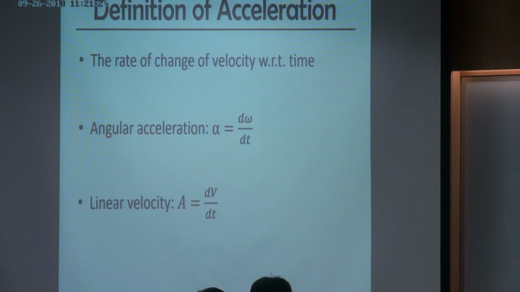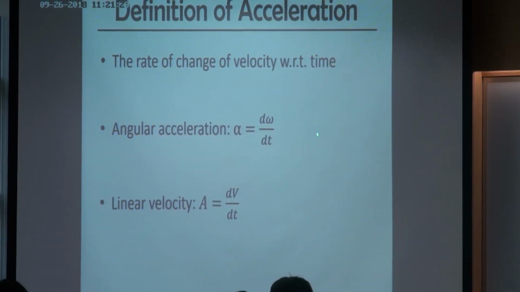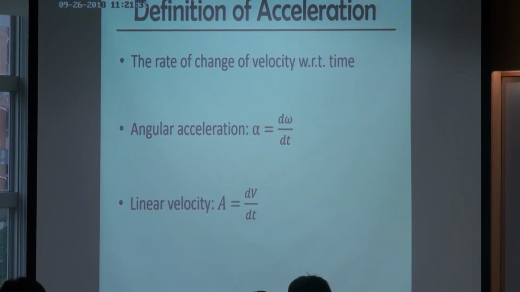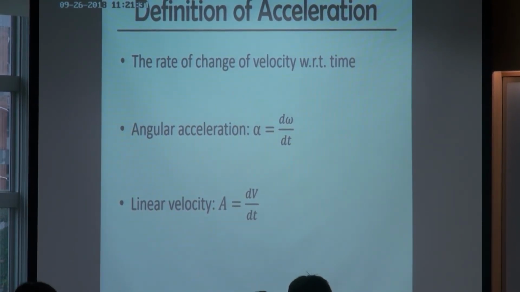For a link, we have two types of acceleration. One is the angular acceleration, which is the time derivative of omega, the angular velocity. Also, we have linear acceleration, which is the time derivative of linear velocity.